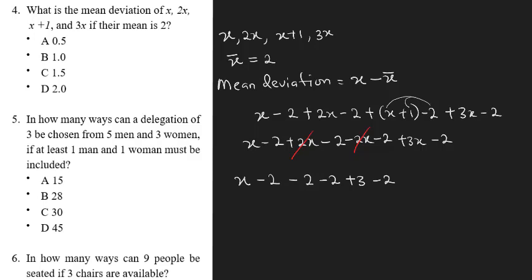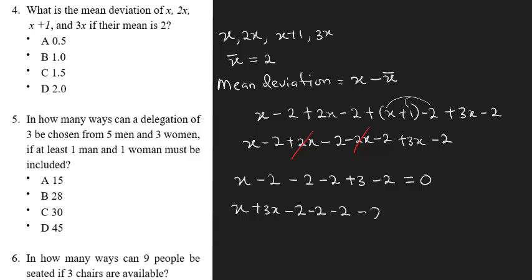Equate it to 0. Very important. In order for us to get our mean deviation, equate it to 0. If you equate it to 0, of course we're going to collect like terms. We have x and this is 3x, so plus 3x, right? Then we have minus 2 minus 2 minus 2 and another minus 2 here.